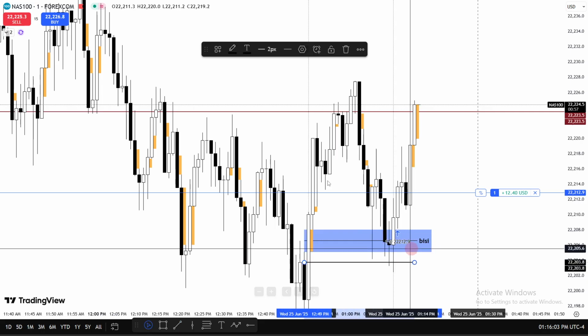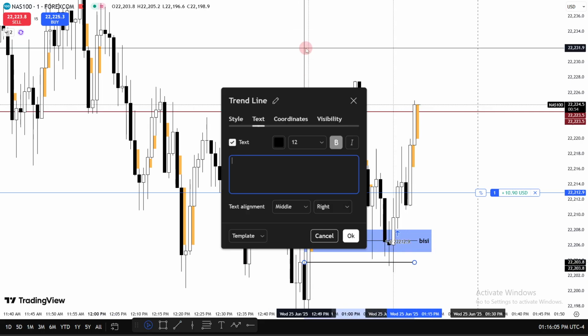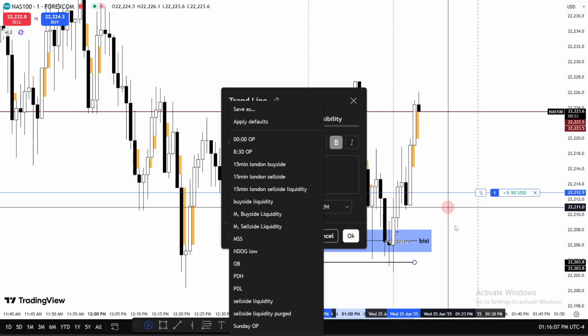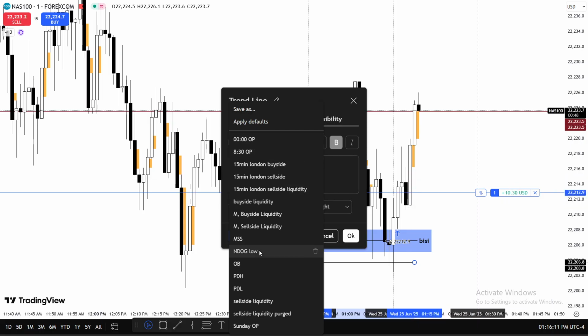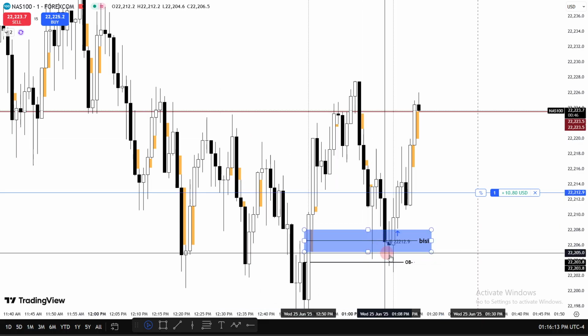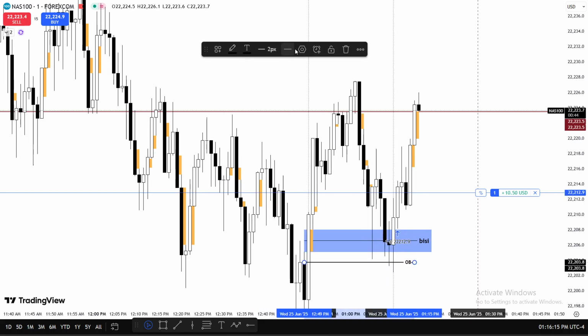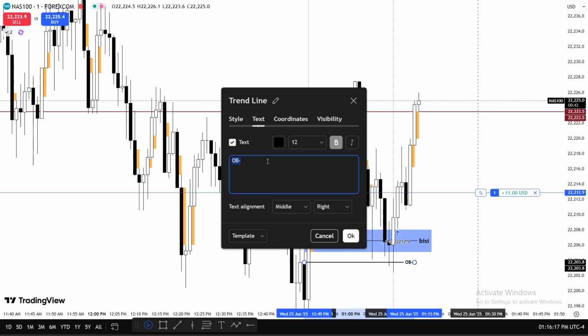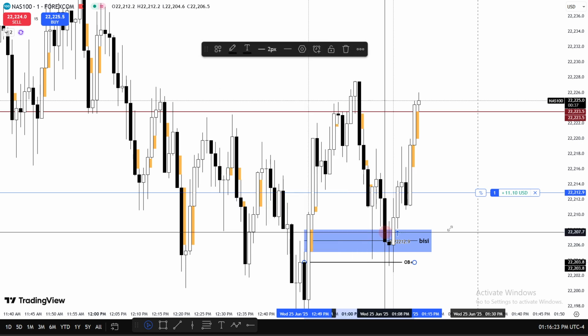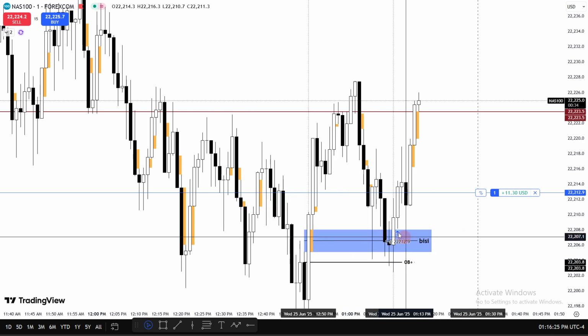This is acting as the bullish order block, and as you can see, the trade is running for us. That is the order block, but this one is the bullish order block. So that's the bullish order block.